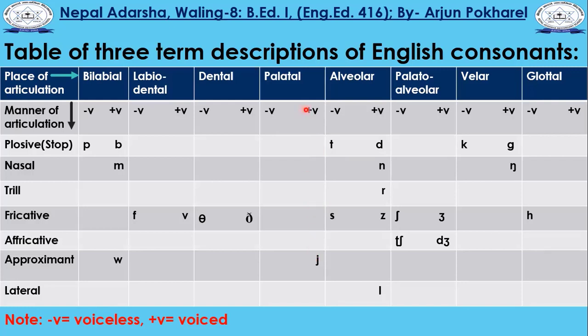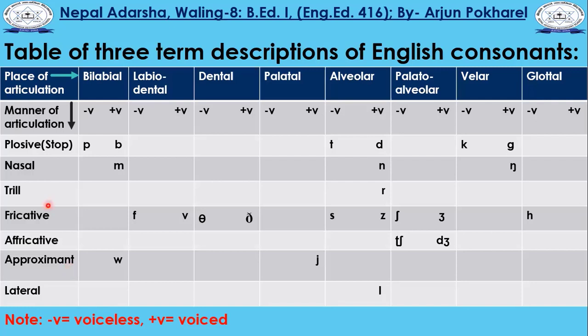Yeah is voiced, palatal, and when we see the manner of articulation, it is approximant. In this way you give the three-term description of English consonants. You don't have to make the table in the examination, but you have to remember from the table so that it becomes easier for you to understand.